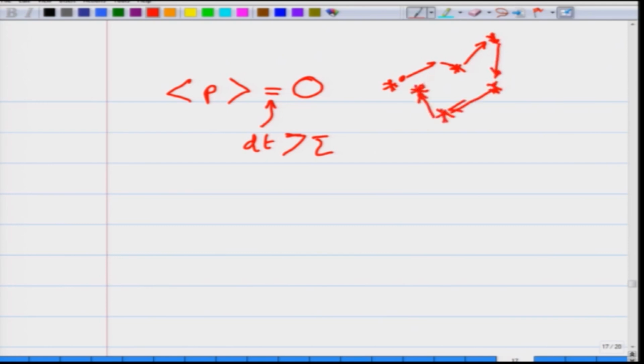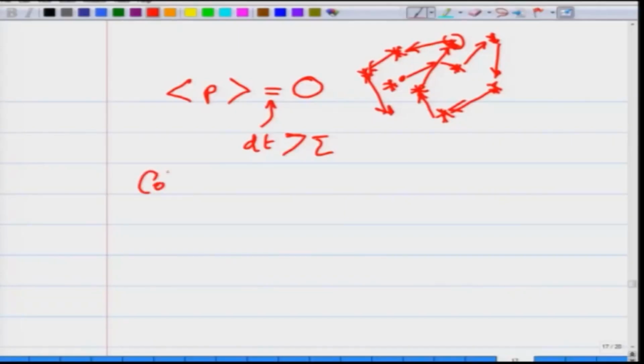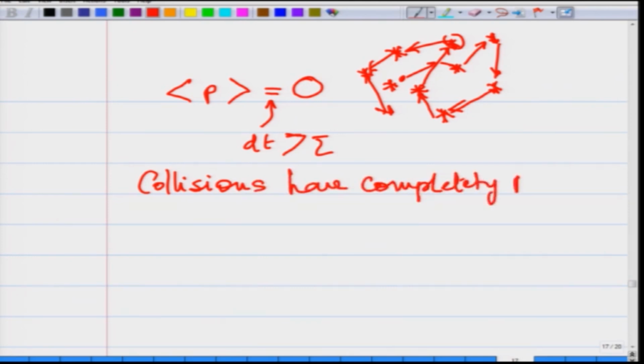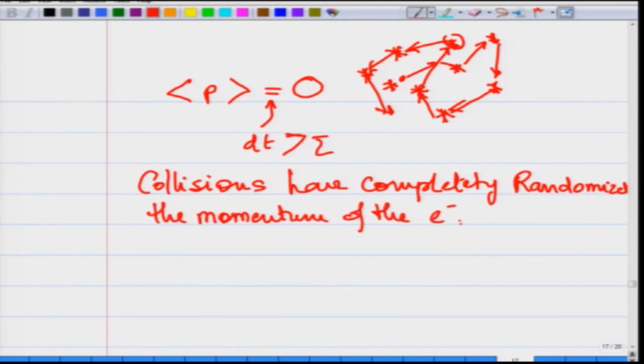In this random way of scattering, as it moves from one scattering to another, if you find the average net momentum of this electron over a reasonably long time scale, it is 0, because the collisions have completely randomized the momentum of the electron.